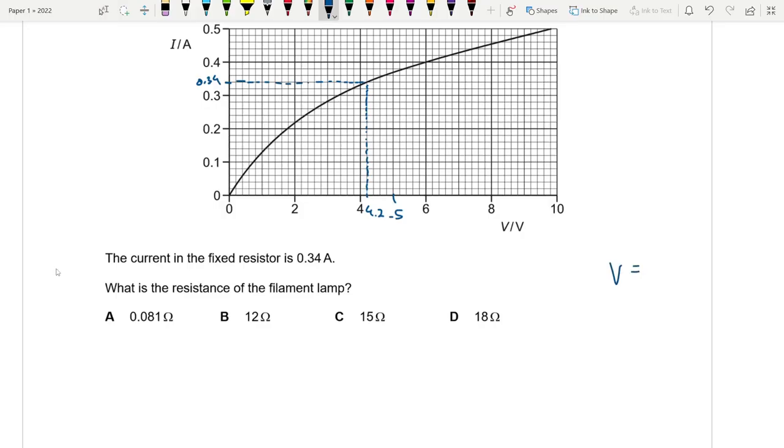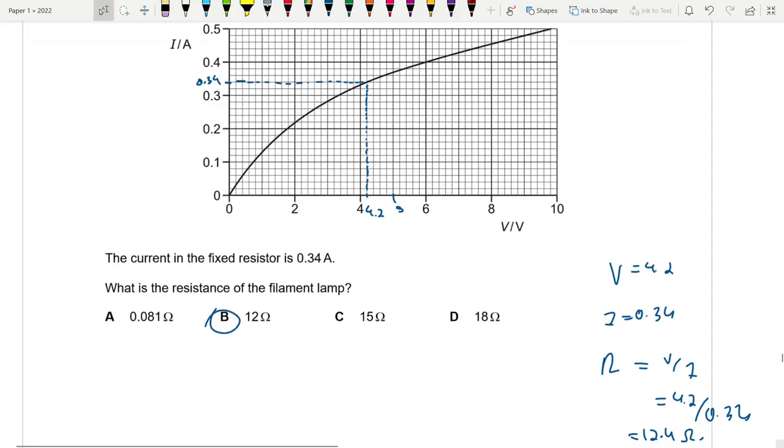The voltage is 4.2. The current is 0.34. The resistance should be V by I, which is 4.2 by 0.34. I'm getting an answer of 12.4 ohms. So what's the closest answer? It's B. Okay, 34 is B.